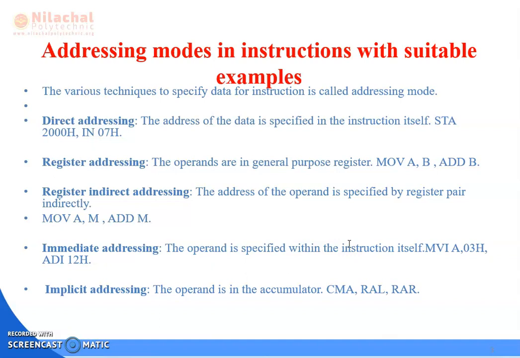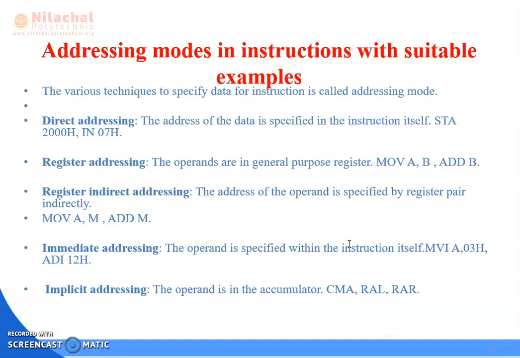The address of the operand is specified by the register pair indirectly, for example, MOV A, M and ADD M. Next, immediate addressing mode. The operand is specified within the instruction itself. For example, MVI A,03H, ADI 12H. So here the operand or data is specified within the instruction.